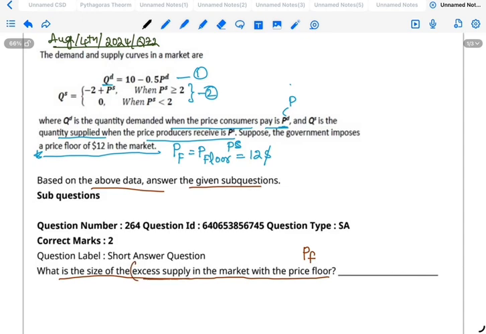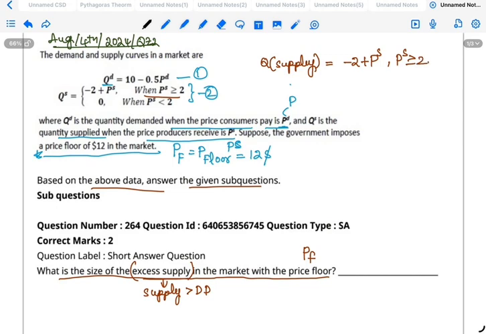Excess supply means that supply is greater than demand. The quantity supplied QS equals minus 2 plus PS, when PS is greater than or equal to 2.